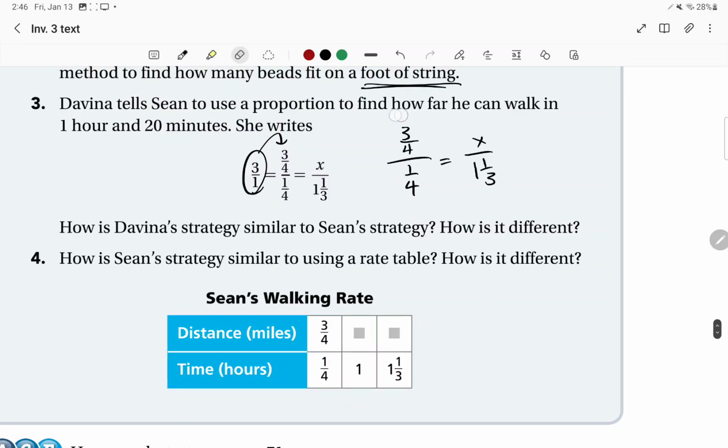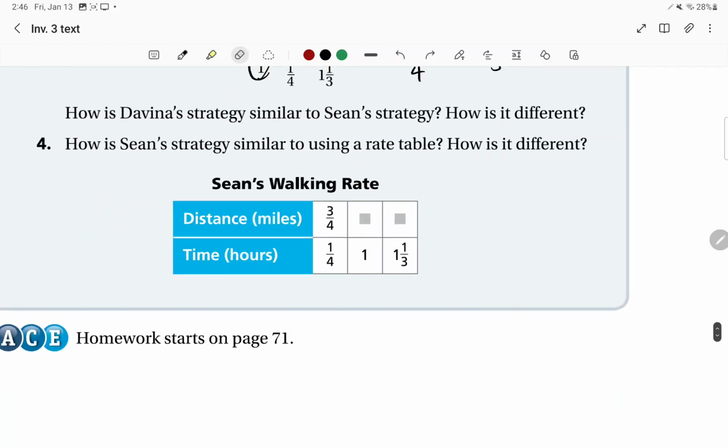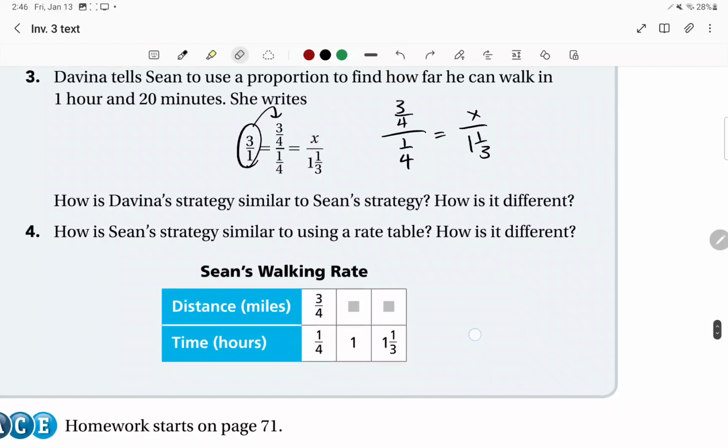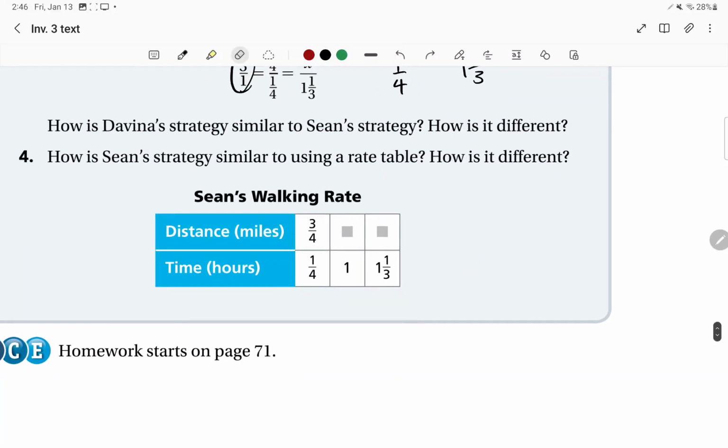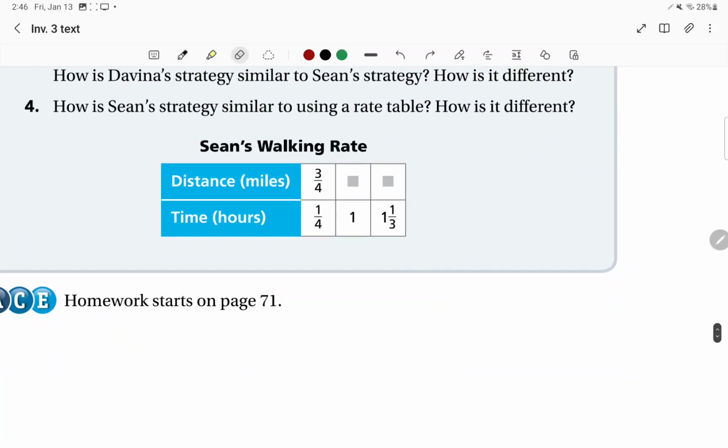So then this would be the proportion that you would solve. All right, so it's similar in that it uses the unit rate, but it's different because it starts at the unit rate. And then on 4, how is Sean's strategy similar to using a rate table?